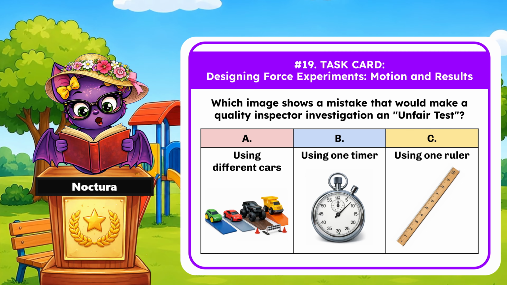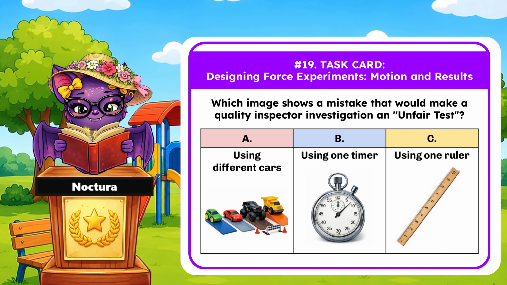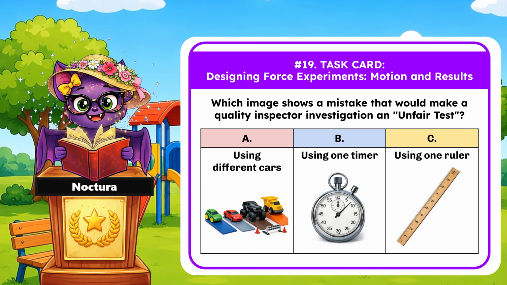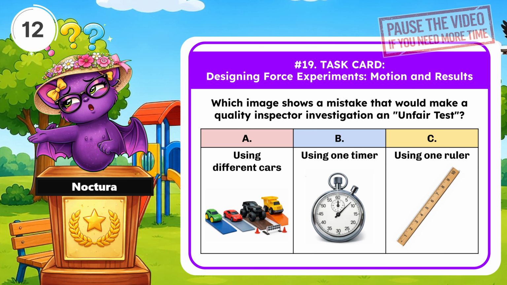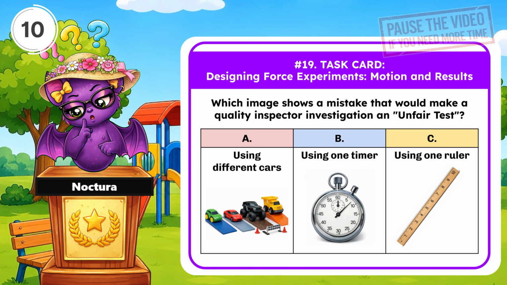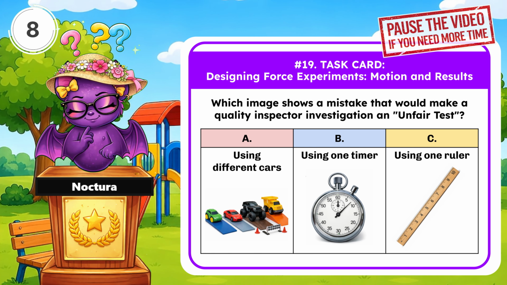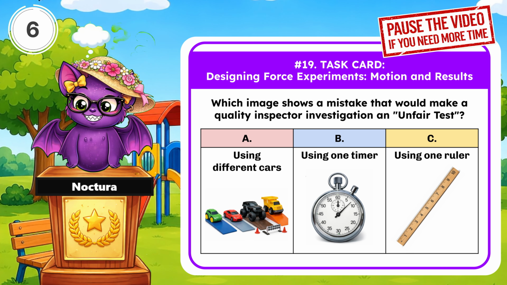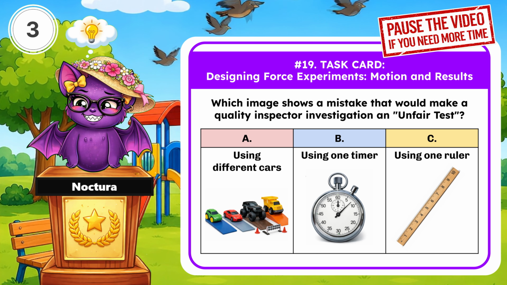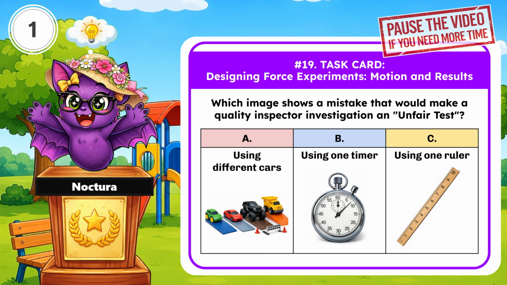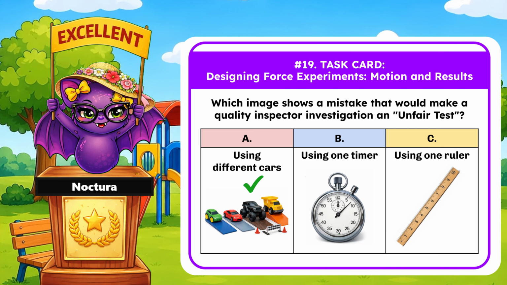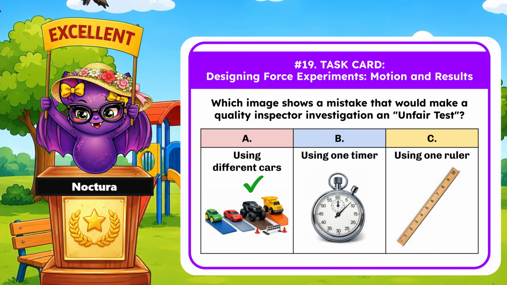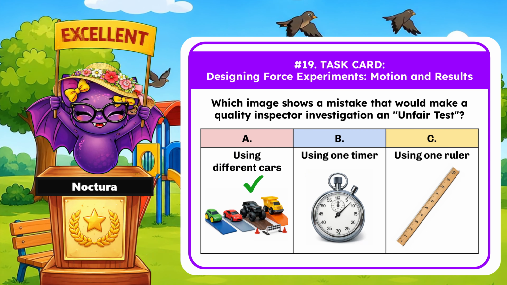Which image shows a mistake that would make a quality inspector investigation an unfair test? And the correct answer is letter A, using different cars.